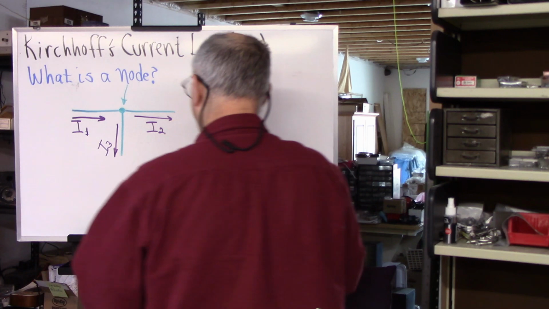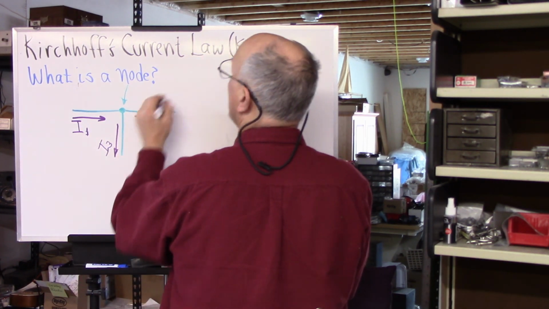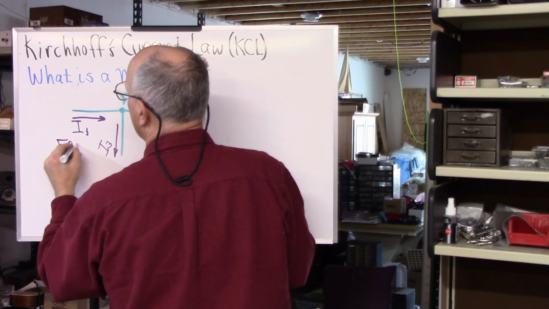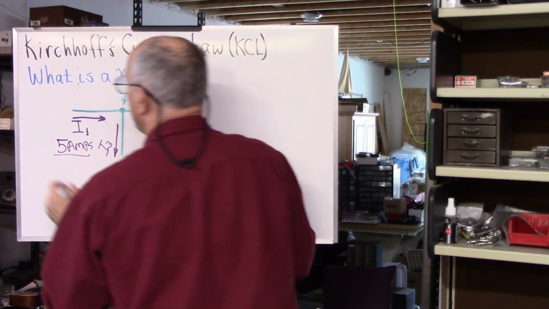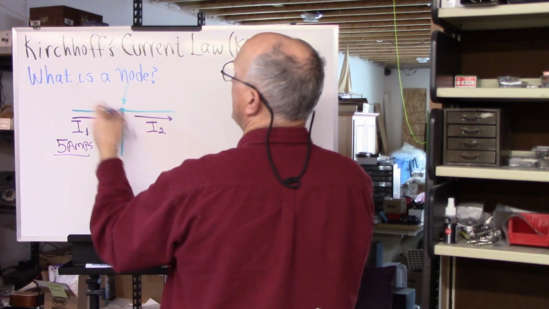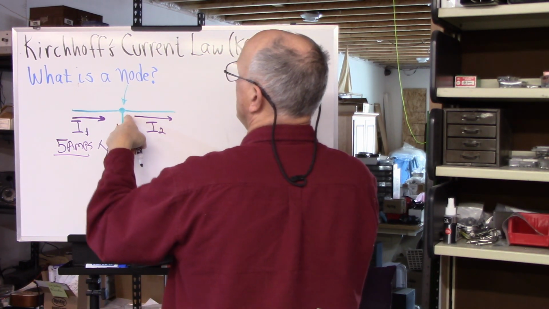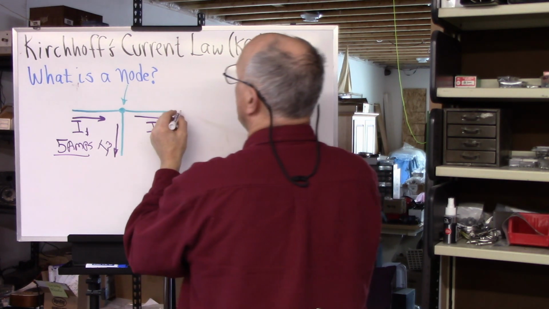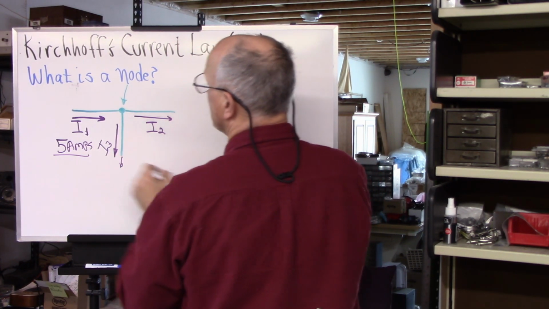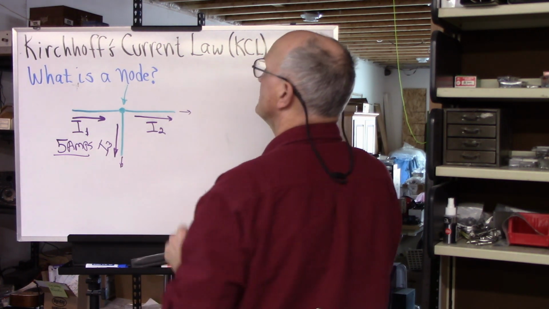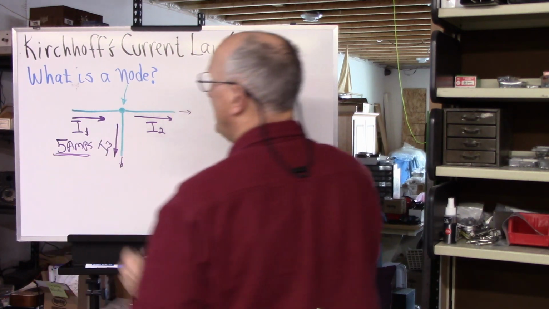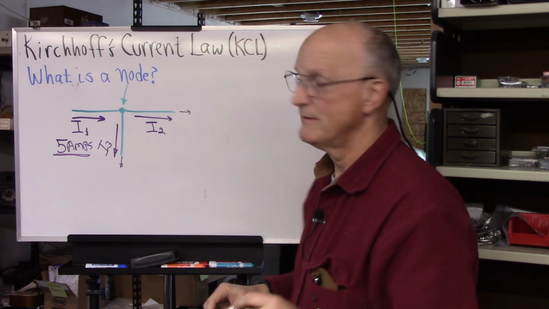So if we have I1 is 5 amps, so 5 amps worth of electrons are flowing into this node. That means that somehow the number of electrons coming out here and the number of electrons coming out here has to be such that it makes up 5 amps.